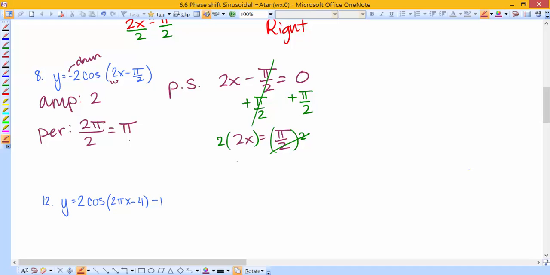You're adding work here. 4x equals pi, divide by 4. Your phase shift is going to be pi over 4. So you graph this cosine graph with an amplitude of 2, period of pi, a negative coefficient. Then you would move everything to the right, pi over 4.